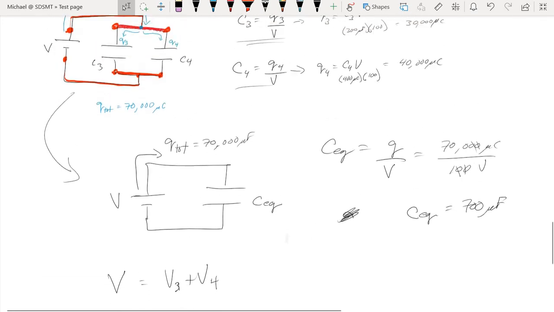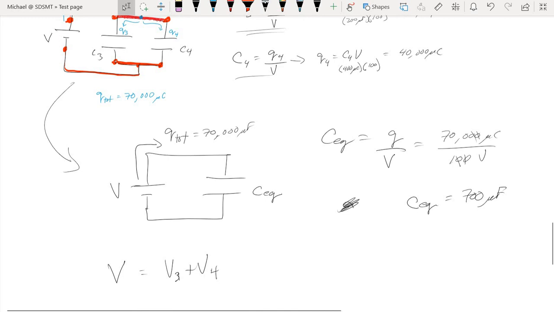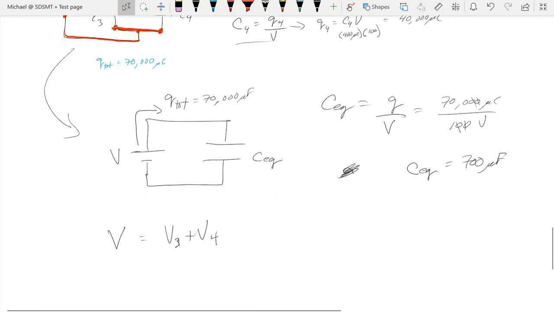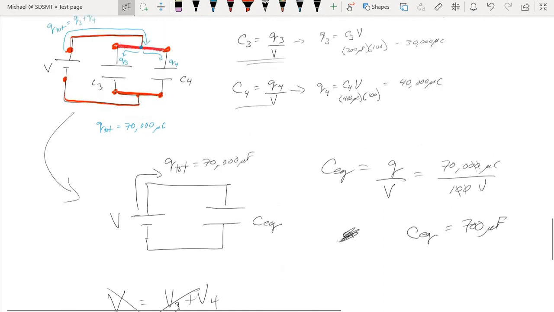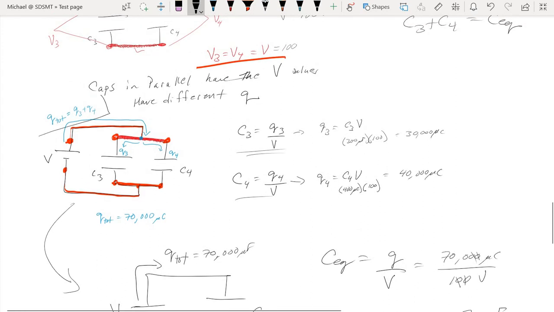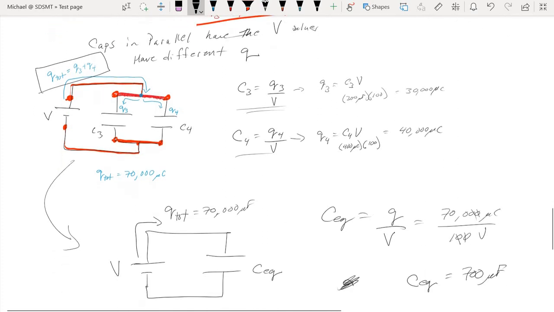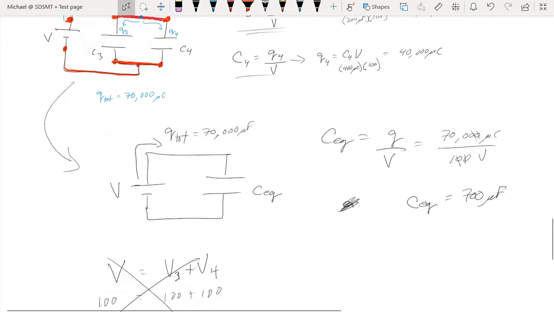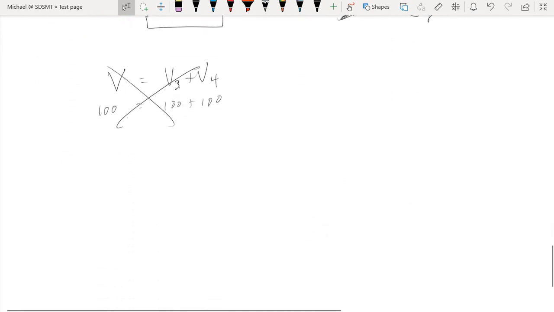We already know that each capacitor has the same potential, and each capacitor has the potential of the battery. So I can't say that 100 equals 100 plus 100. That's not true. But what I do have is this equation right here. I have this equation that tells me that any charge that comes out of the battery has to be distributed between the two capacitors. So there's a good start.